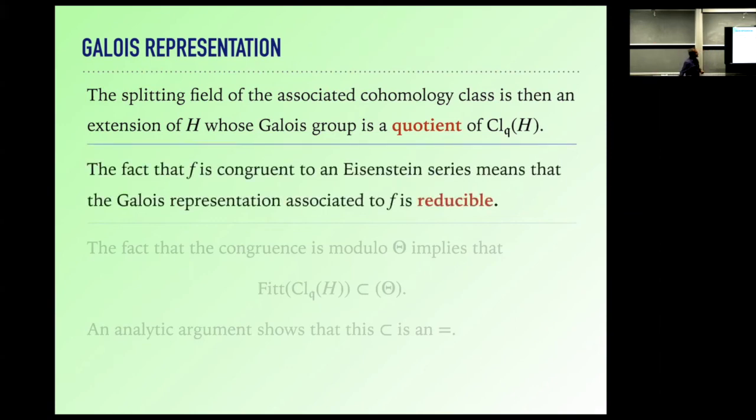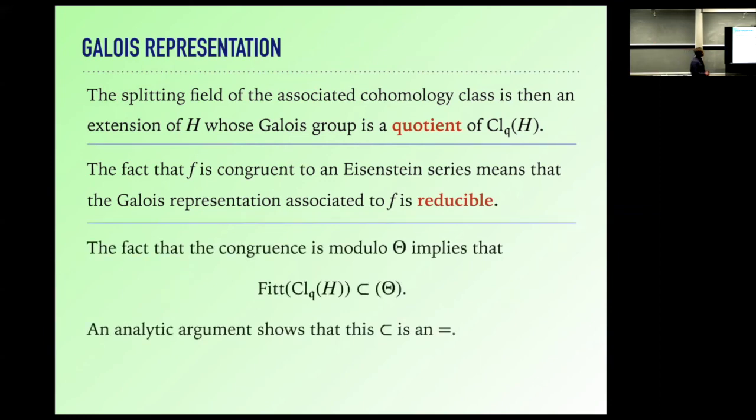The fact that f is congruent to an Eisenstein series means that the Galois representation is reducible. I think these two sentences are reversed. Because it's reducible, you get a cohomology class, and the cohomology class splits through an extension whose Galois group is a quotient of the class group. I apologize, these two sentences are reversed.